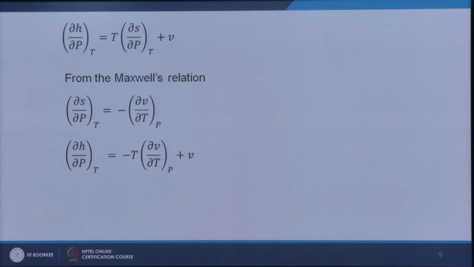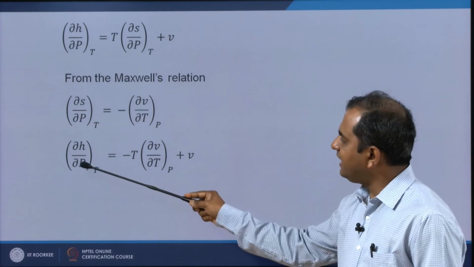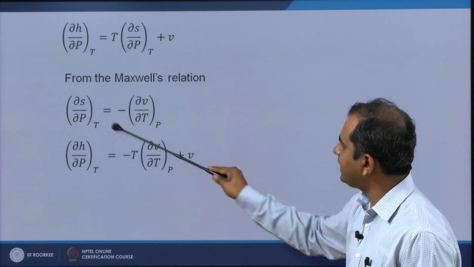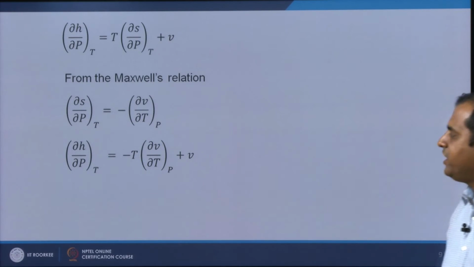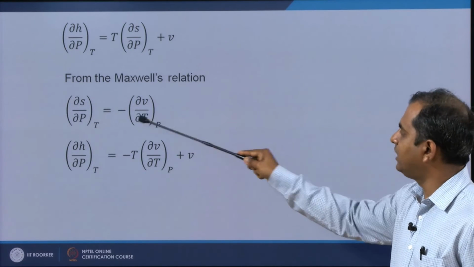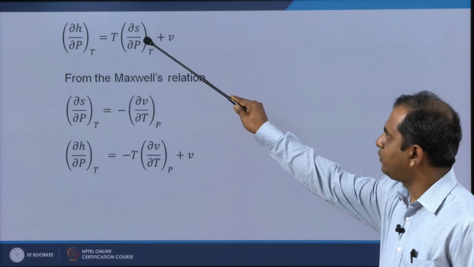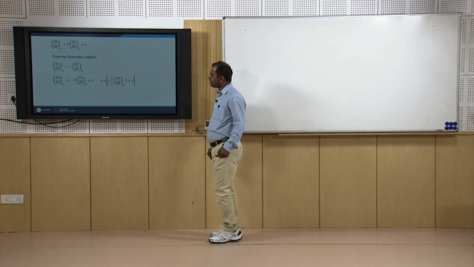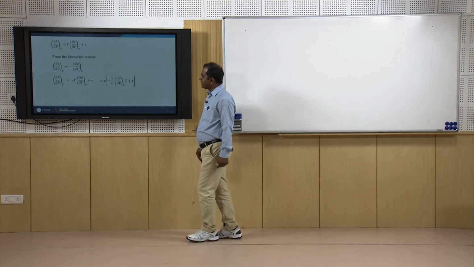Next, you see here I have written del H/del P at constant T is equal to T, but this minus came over here. So, minus T into del V/del T at constant P. So, I have used the Maxwell relationship over here, substituted this by this with a minus sign, plus V. Okay. Little bit of modification.